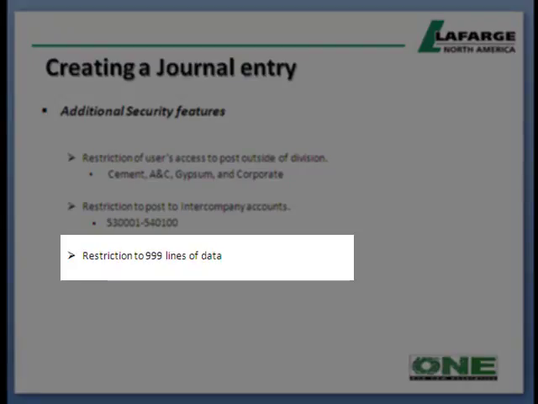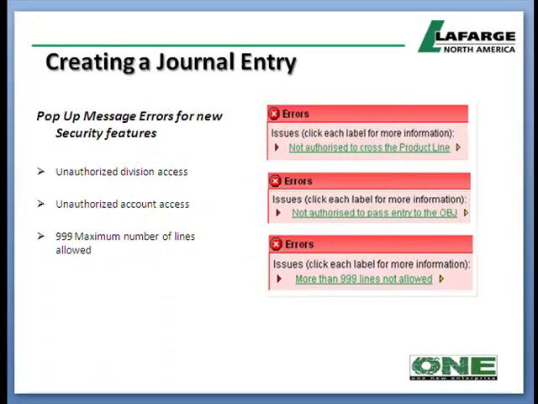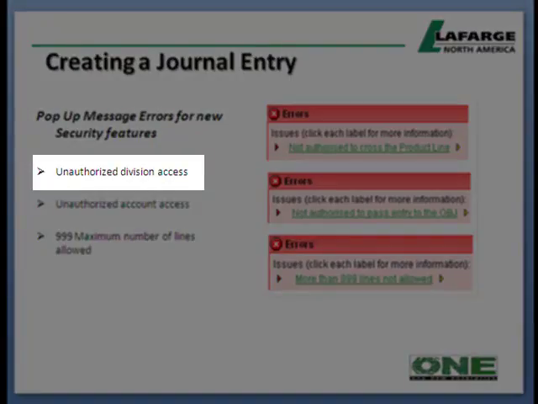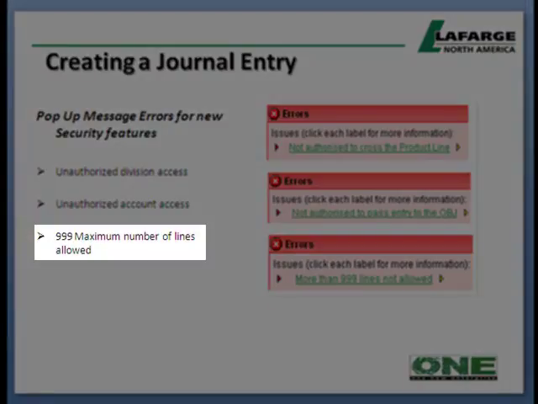The final security feature is the restriction to post more than 999 lines of data. A pop-up error message has been created for each new security feature: unauthorized division access, unauthorized account access, and 999 maximum number of lines allowed.